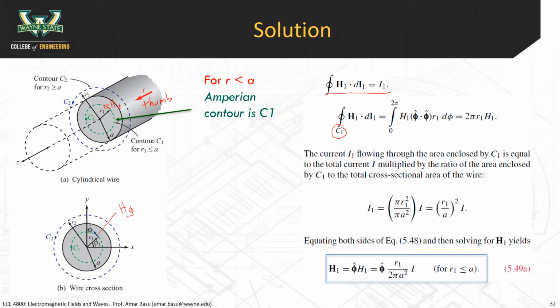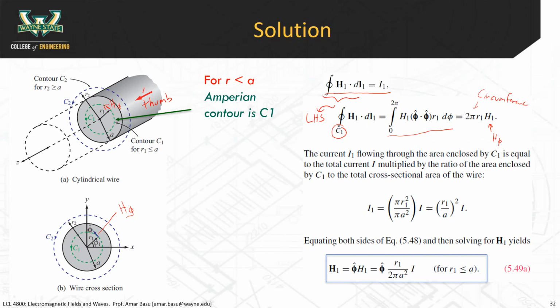I'll say that again: if the magnetic field is uniform everywhere on this contour, the integral becomes very simple. They're showing you all the steps of the integral here, but it's just equal to the circumference times the magnetic field, H phi. That's why it simplifies quite a bit. So that's the left-hand side of the equation.